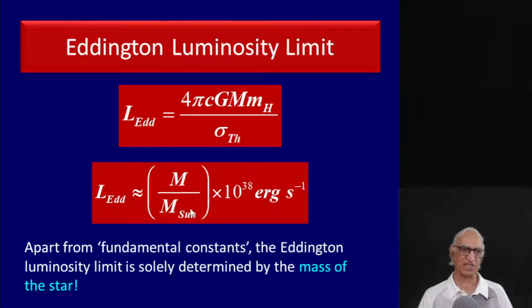So let me say once again, apart from fundamental constants that you see over there, the maximum luminosity of a star is determined solely by the mass of the star. Very good. And we shall return to this concept when we discuss quasars and why the central engines have to be supermassive black holes and so on.